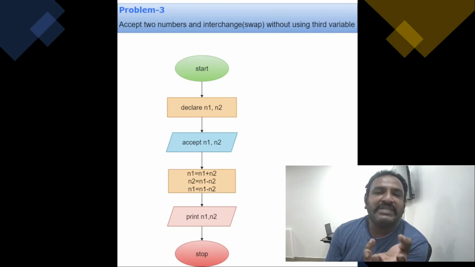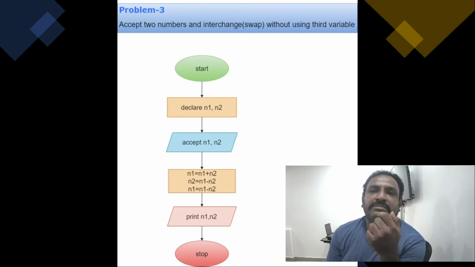And the next statement is n2 equal to n1 minus n2. Now the n1 value is 63. 63 minus 38, how much do you get? 25.